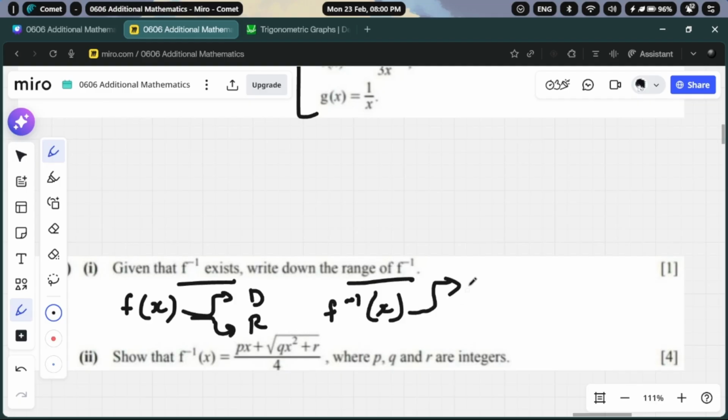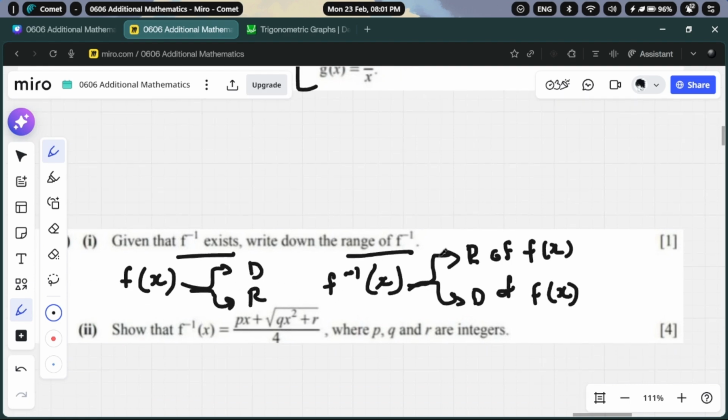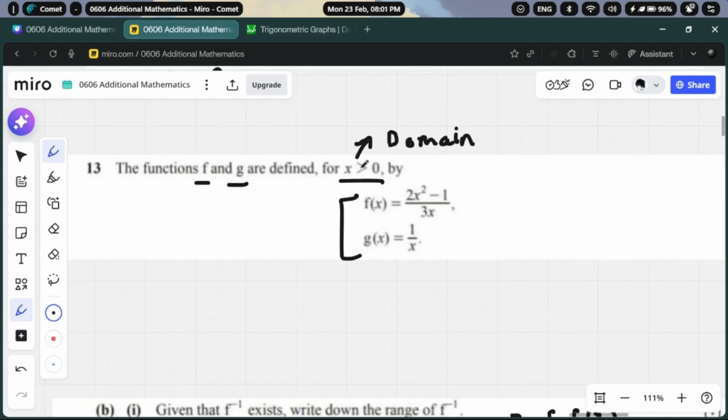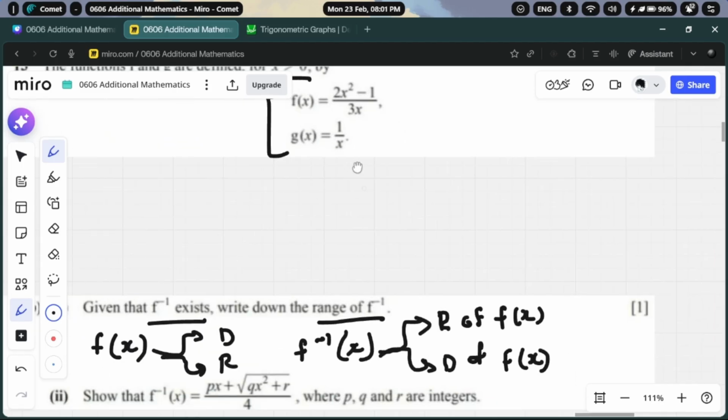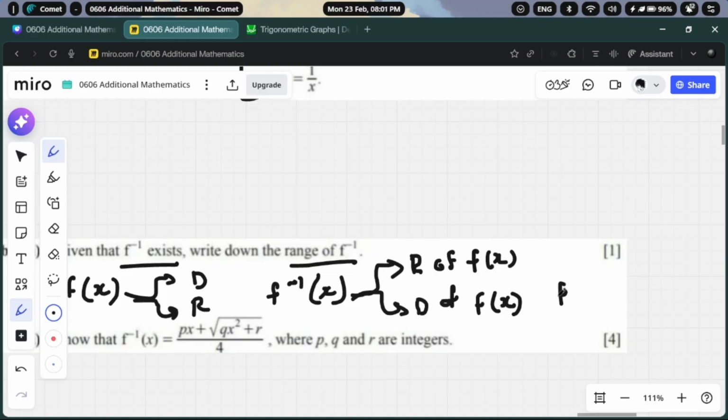So basically, the range of f of x would be the domain for the inverse function, and the domain for f of x would be the range for f inverse of x. So essentially you're already told that the domain is x greater than 0. Hence your range would be the domain of f of x, which is f inverse of x greater than 0.